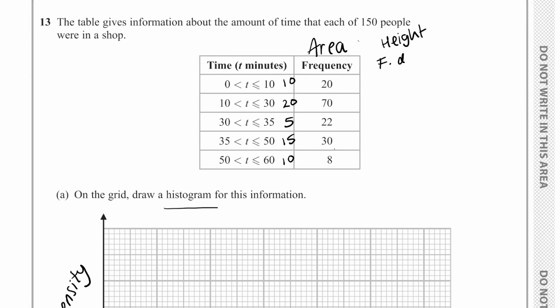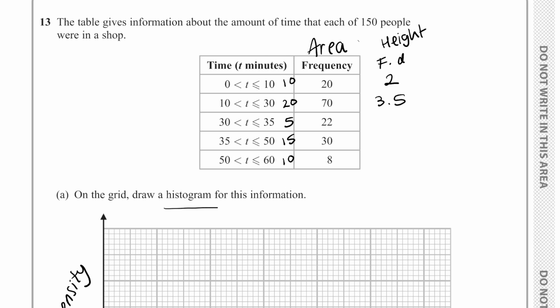So 10 times something makes 20. It's 2. It's got to be 2 tall to have an area of 20. So it's got a frequency density of 2. The second one, 20 times something is 70. That's 3.5. 5 times something is 22.